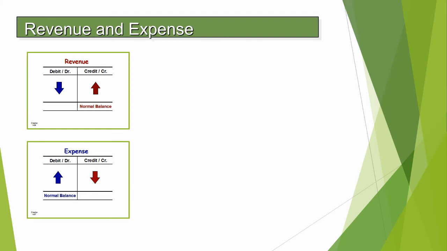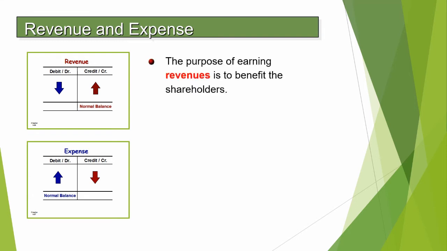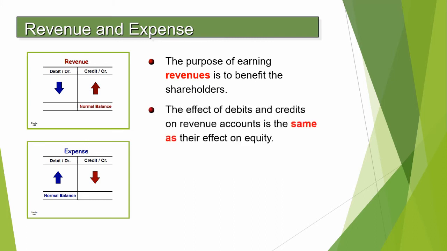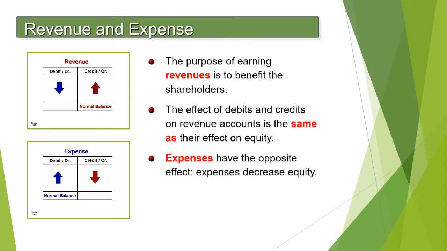The purpose of earning revenues is to benefit the shareholder of the business. When a company earns revenues, equity will increase. Revenues are a subdivision of equity that provide information as to why equity increases.